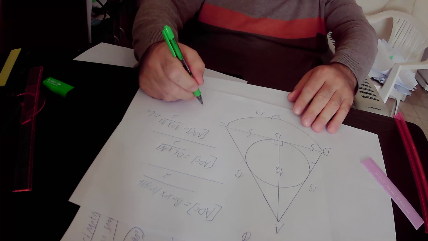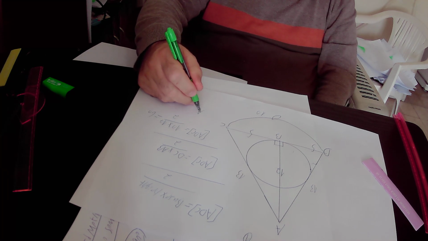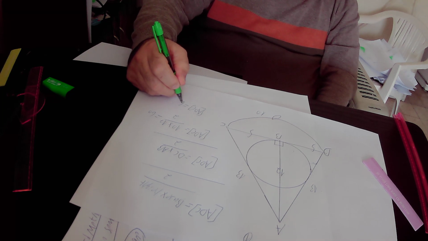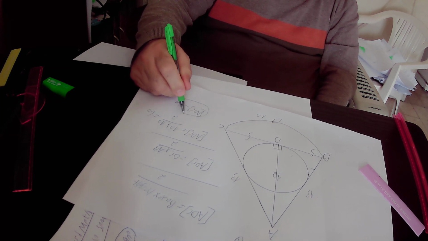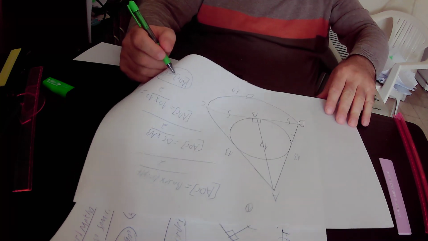So we found out that the area of this isosceles triangle, triangle ADC, is equal to 60 square units.